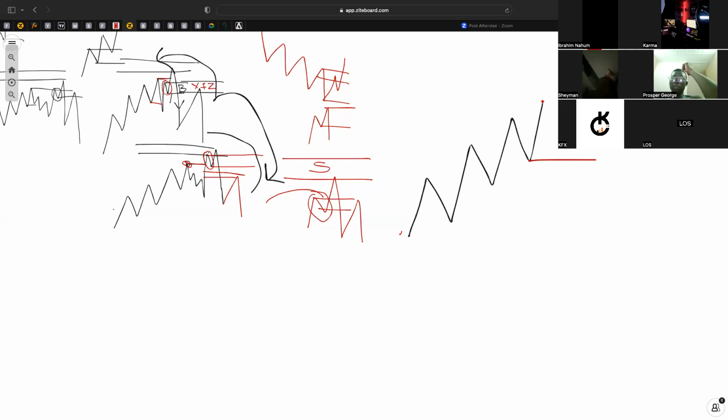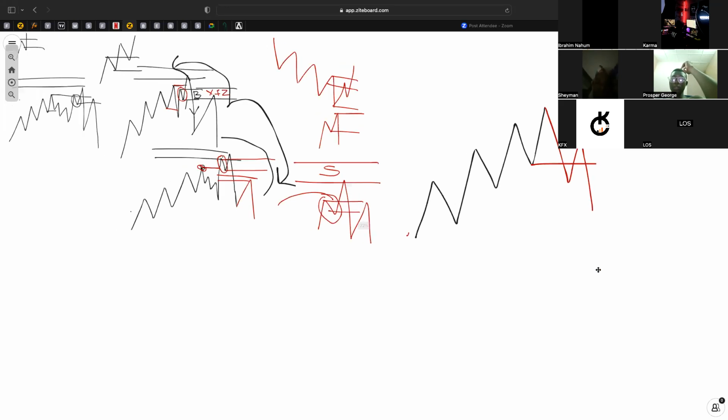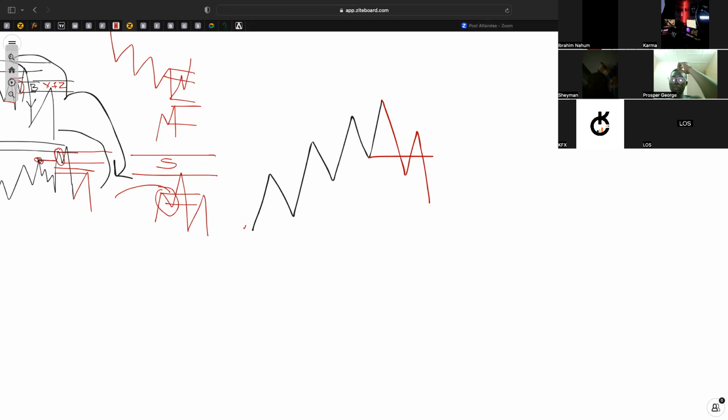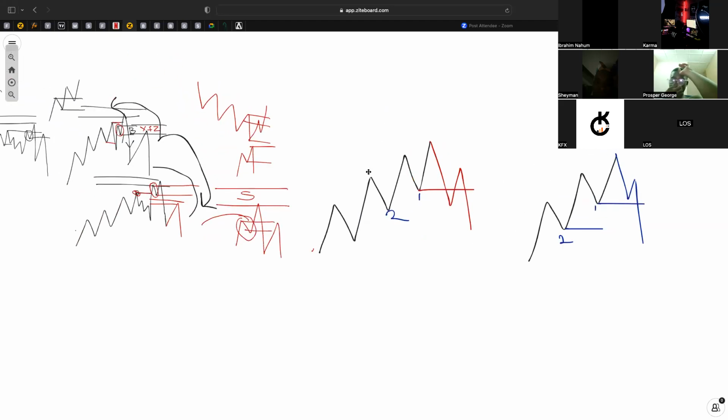You have one like this, A, B, and C. And you have one of this, high, low, high, low, high, then A, B, and C. Now, this is break of structure 1 and 2. So, guys, can somebody explain what is going on here and what is going on here?